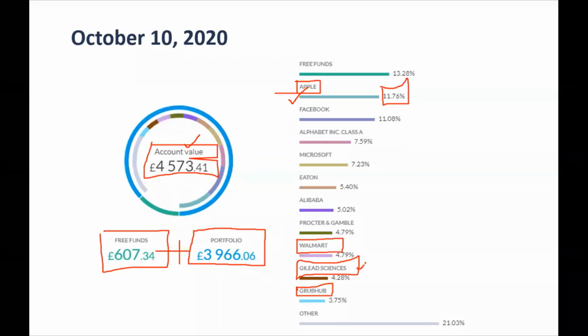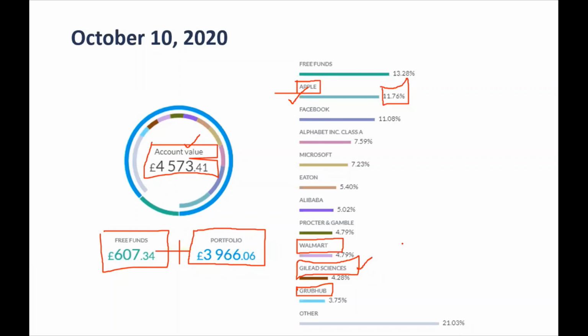Can anyone tell me what was the motivation of purchasing this equity instrument, Gilead Sciences? I think many of you have heard about this company name very recently, in the last 4 or 5 months. They're trying to make a vaccine for COVID-19, sir. And if they get success in this, their market share will go up. The value will go up also, sir.